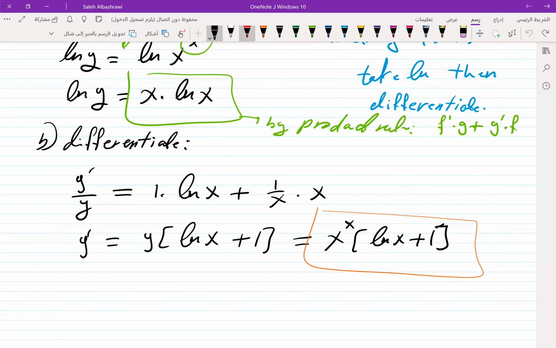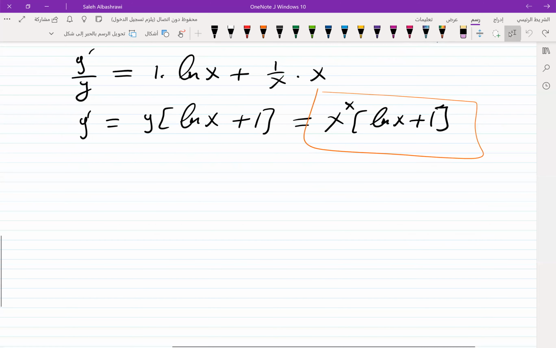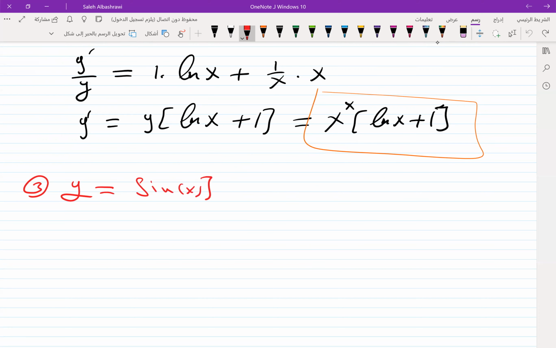Take another example now. Number 3. y equal to sine of x to the power x. Again, I have a function to the power of a function. So since I have a function to the power of a function, we'll take ln.